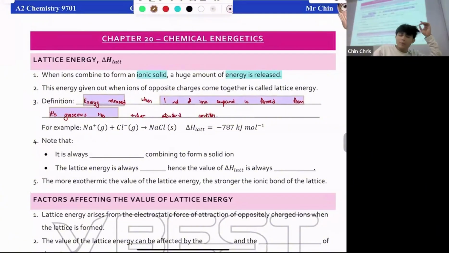So energy released, 1 mole of ionic compound is formed from its gaseous ions. Please remember that.